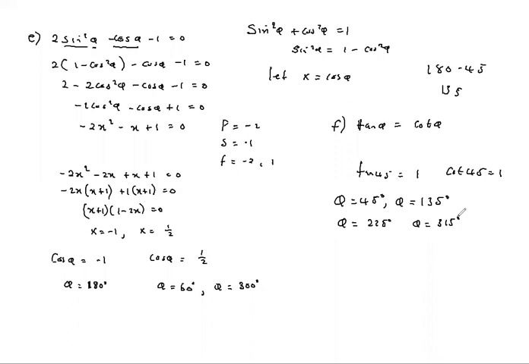Question 11 is the same as question 10, except that we've just changed the angles, now doing radians. Question 11, where we have, for example, A, 2 tan x sec x minus tan x is equal to 0.